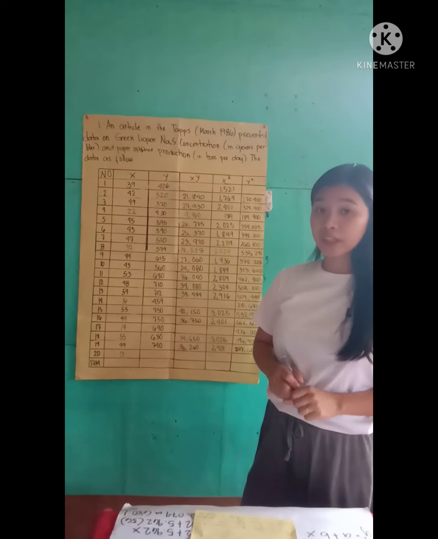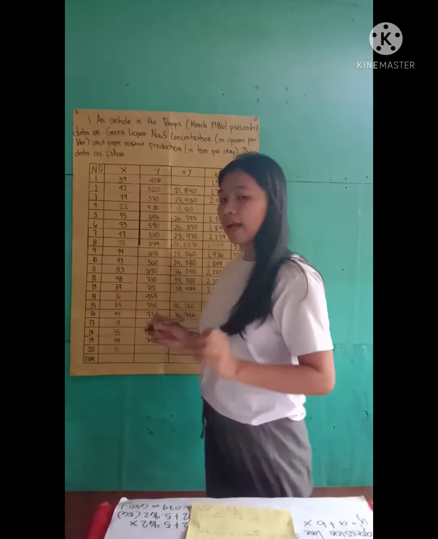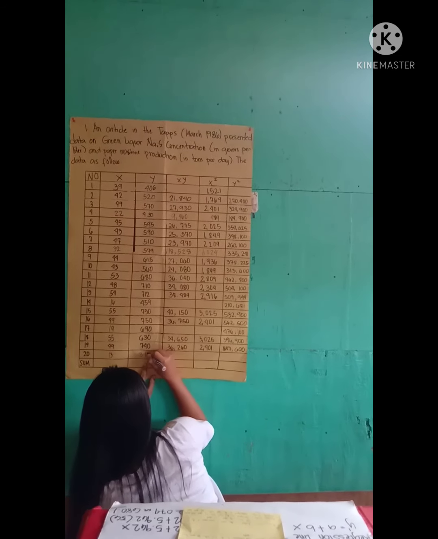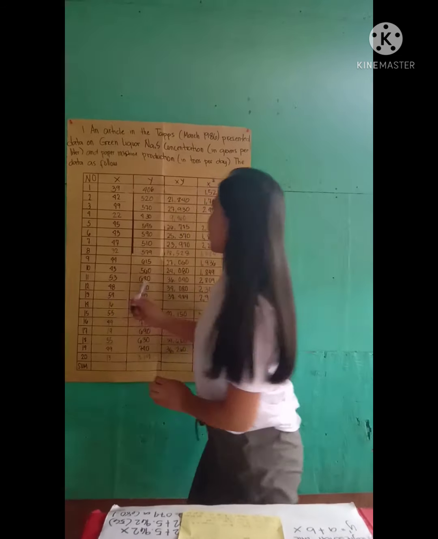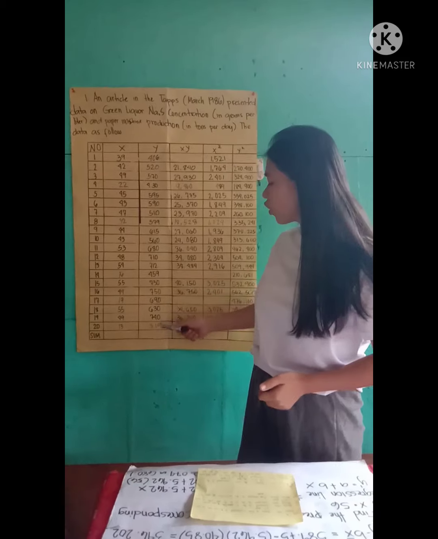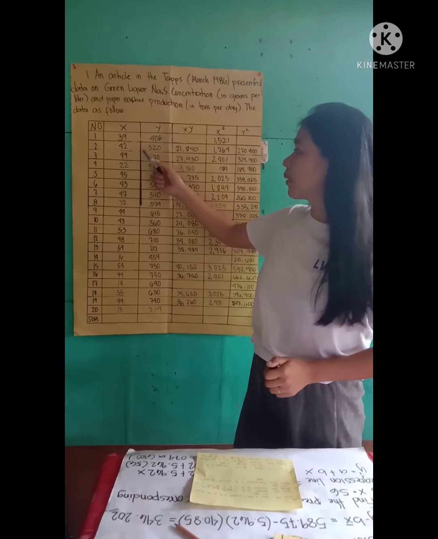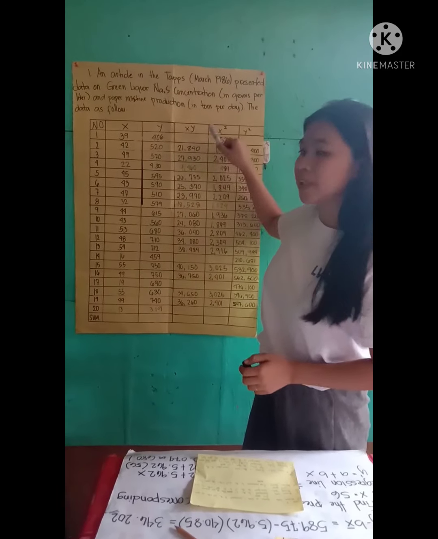That is the missing variable of the Y column in number 20. Now, as we have solved for the missing variables of the Y column and the X column, let's complete the table now.